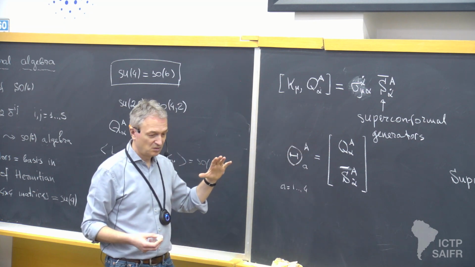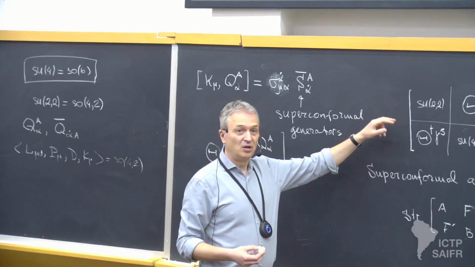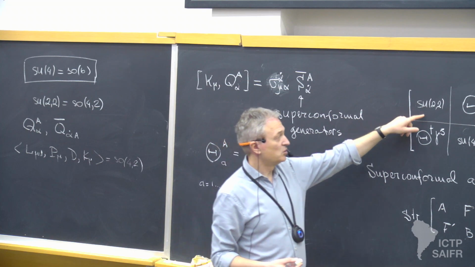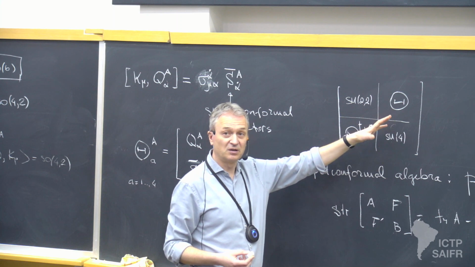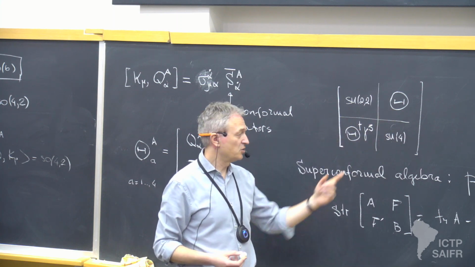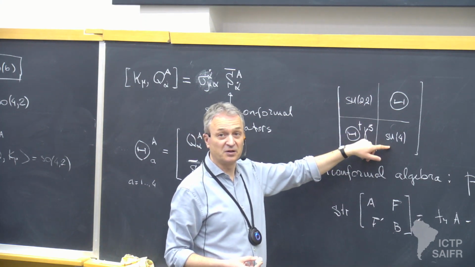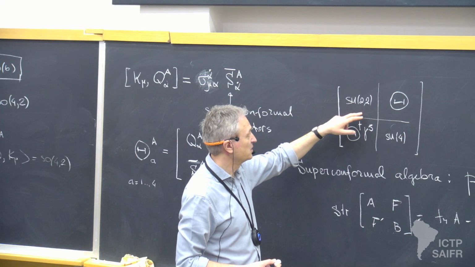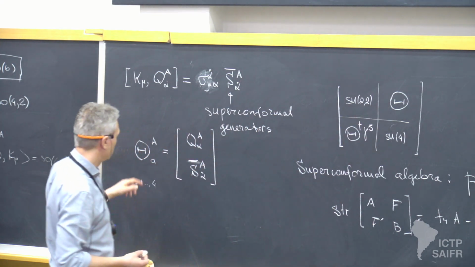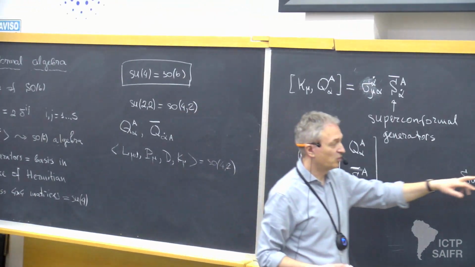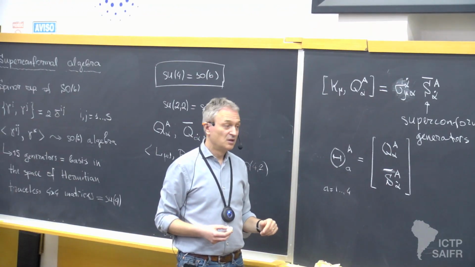So when we multiply these big matrices, we want generators of SU(2,2) to act on theta from the left, but generators of SU(4) from the right. And SU(4) is SO(6). With this structure, this is automatic. When we take a commutator of such matrices, SU(2,2) will act on this lower index, and SU(4) will act from the right, which means that it will multiply the upper index.